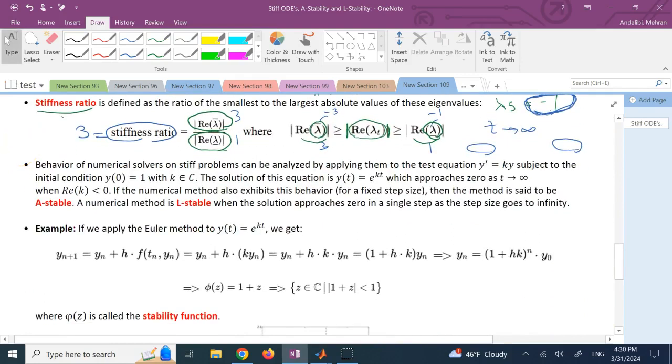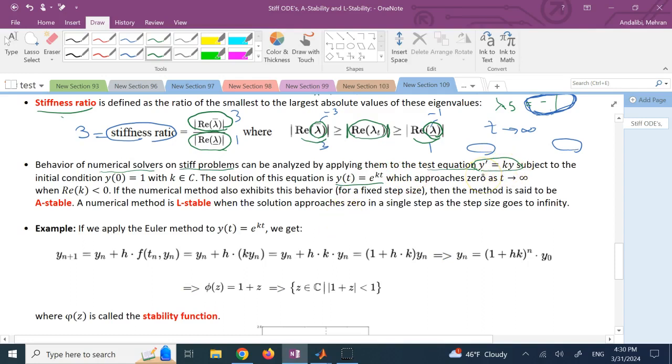Finally, the two properties I want to mention are A stable and L stable for stiff problems. What are they? The behavior of numerical solvers on stiff ODEs can be analyzed by applying them to a test ODE, y prime equals k times y, for which we know there is an analytic solution, y equals y0 times e to the kt, correct?